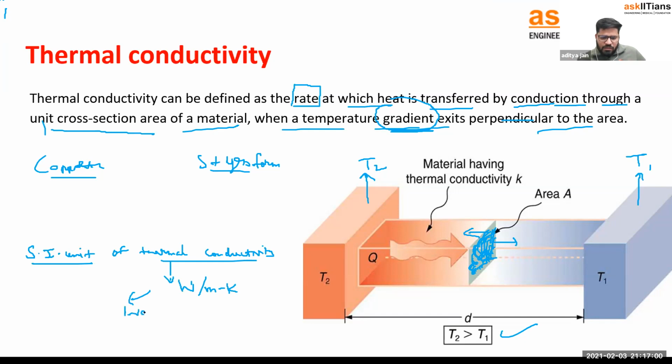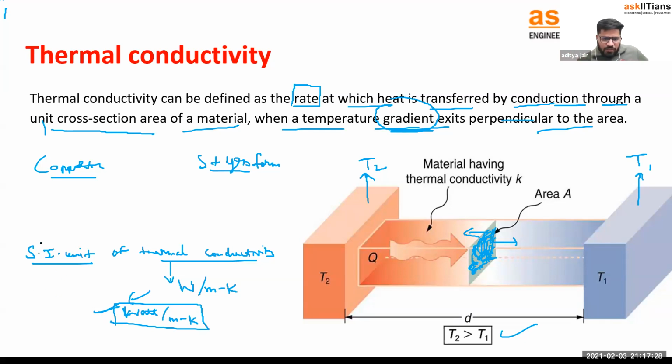You can see what watt is: energy per unit time. That is the rate, that's what I was talking about, the rate of transferring of energy. That's why it is written as watt here. Are you able to understand the SI unit now? It is watt per meter per Kelvin.